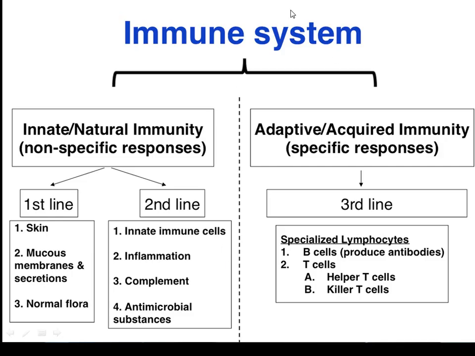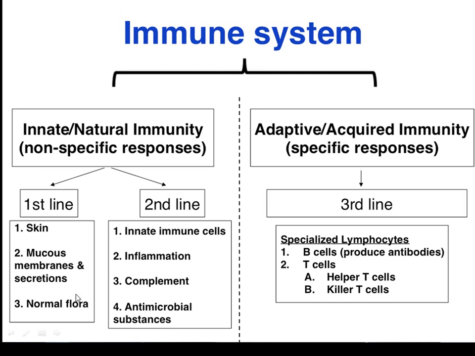The immune system provides the second and third lines of defense against invading pathogens. The first line of defense is the epithelial barriers, like skin and mucosa, which form a complete lining and covering of the body surfaces.